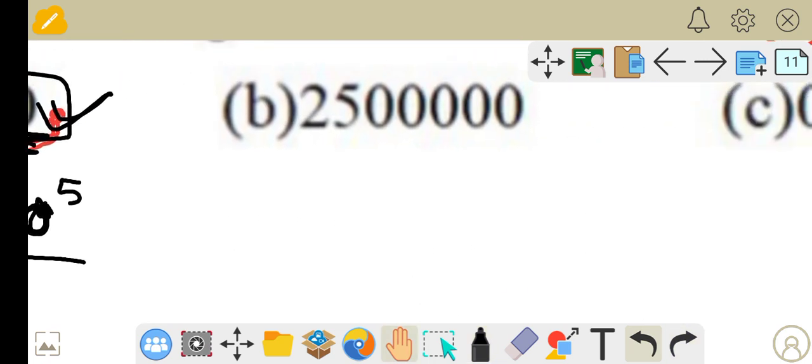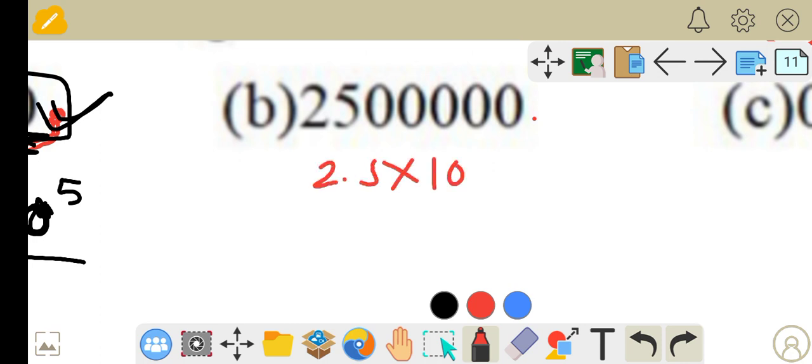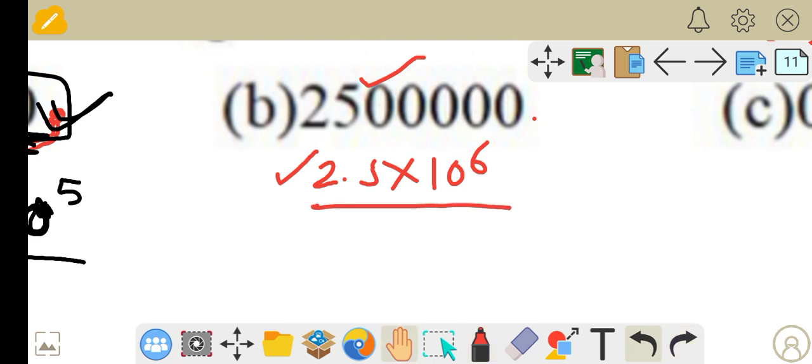In the second question, we have a decimal at the last, and we want to put the decimal from here to here. So we need to pass the total 1 2 3 4 5 6 digits. So it can be written as 2.5 into 10 to the power 6. And we can also see that our basic number is very high compared to our new number, so there should be a positive sign. We need not write it. This is your final answer, 2.5 into 10 to the power 6.